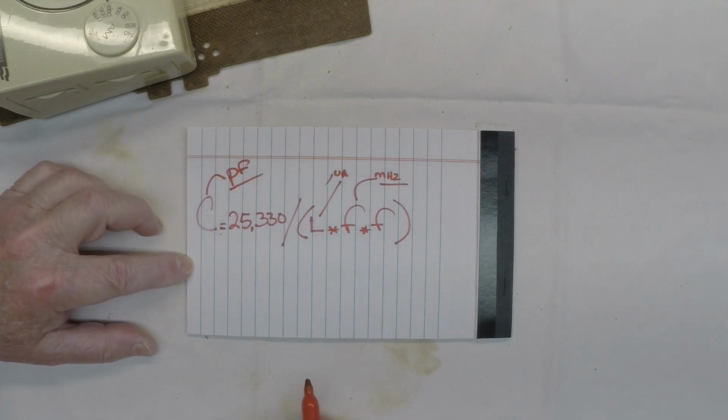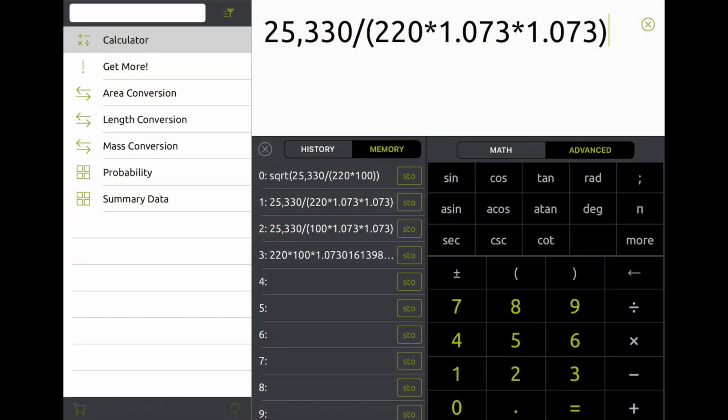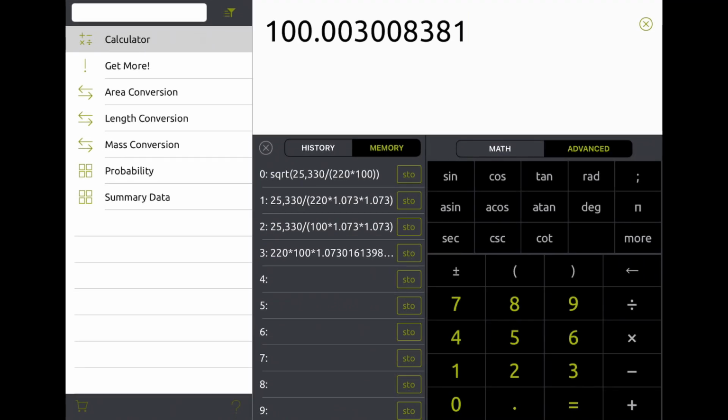Let's look at an example in the calculator. With everything plugged into the calculator, the constant, the 220 representing the microhenries, 1.073 megahertz, you can see it gives us 100 picofarads.